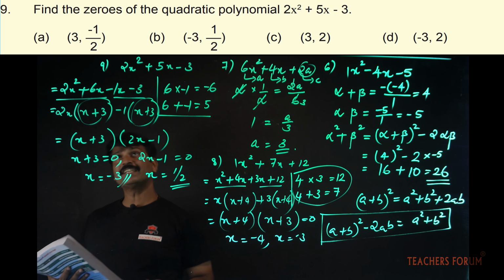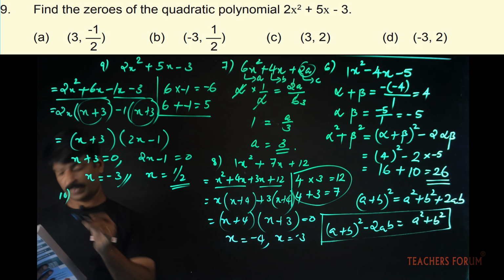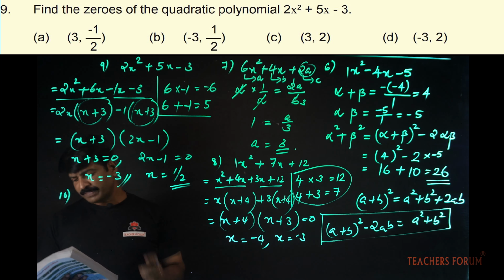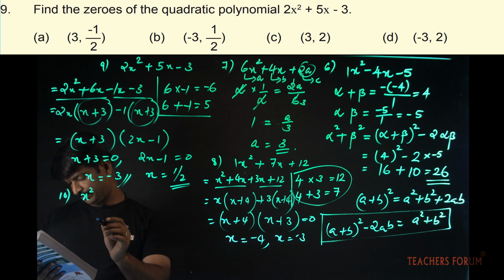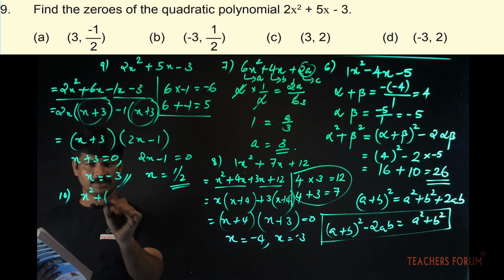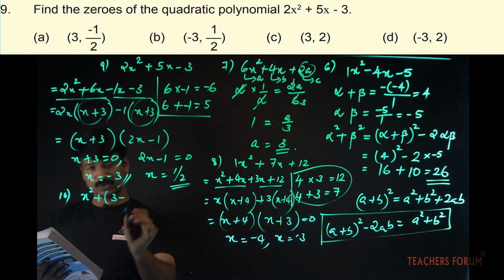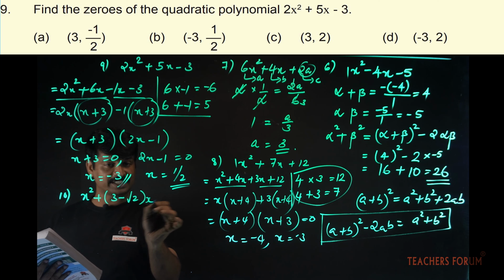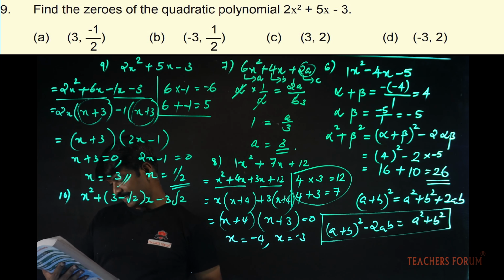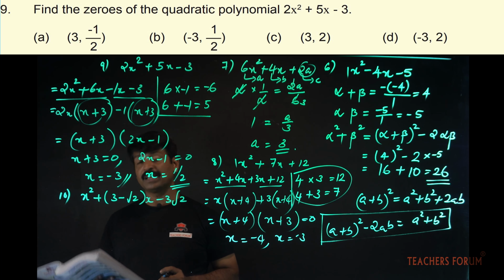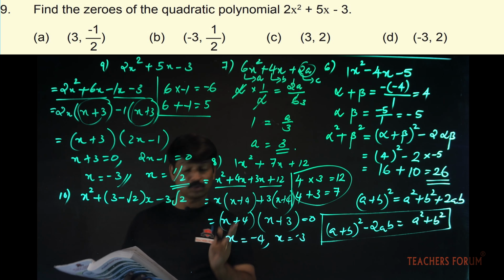Okay. Now let us solve the 10th one. You are given the polynomial x square plus 3 minus root 2 into x minus 3 root 2. It is given that one zero of the polynomial is root 2.